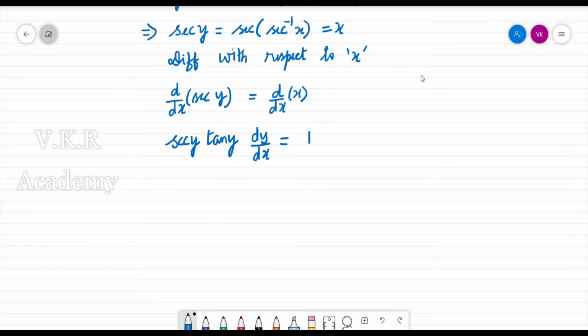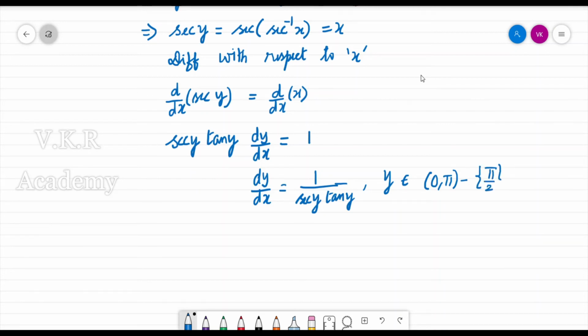So we have dy by dx is equal to 1 by secant y into tan y, where y belongs to the open interval 0 to pi minus singleton pi by 2.